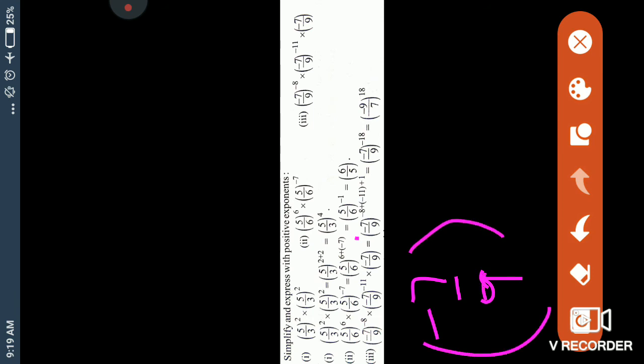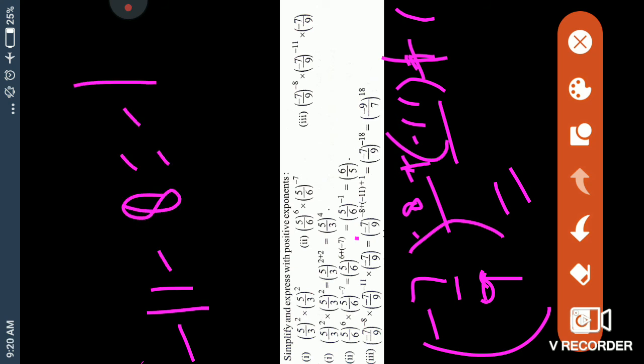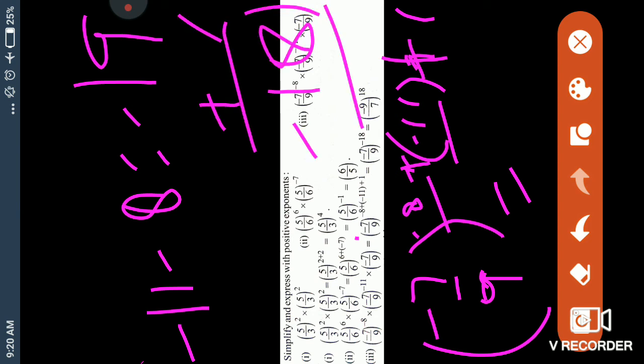We have the powers minus 8, then plus minus 11, and lastly plus 1. You know, both minus numbers will be added. So minus 11 and minus 8 will be added, that becomes minus 19, and plus 1. When we subtract, it gives minus 18.